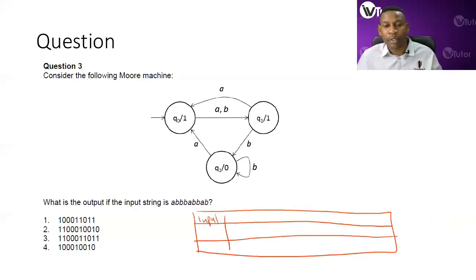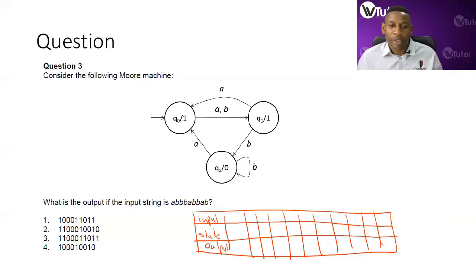Input. States and output. A, B, B, A, B, B, A, B. That's Q0, output of 1.